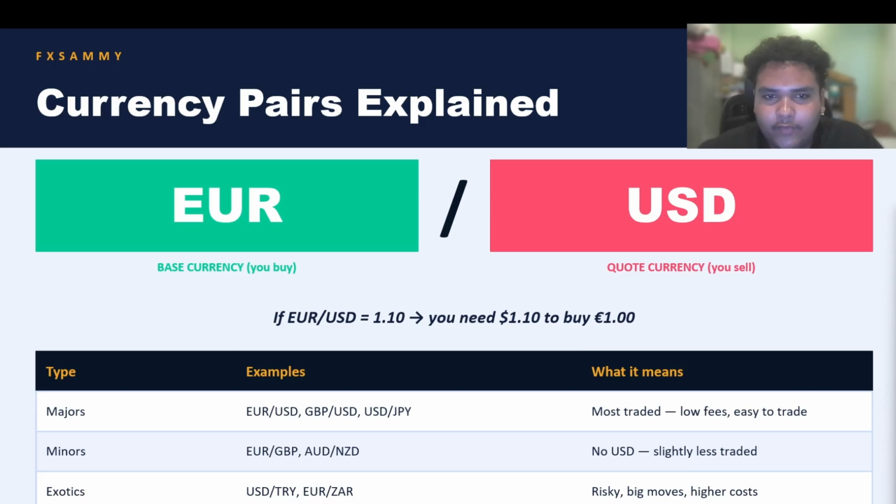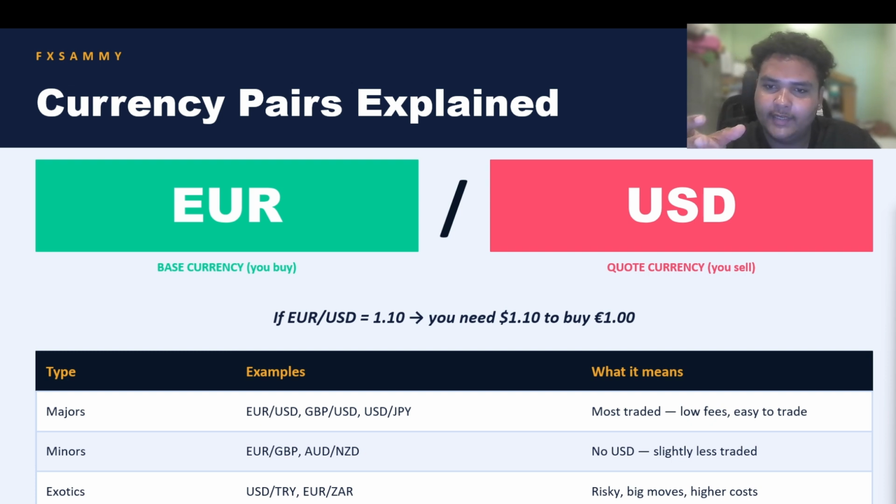For example, if EUR/USD is equal to 1.10, you need $1.10 to buy 1 euro. So we will learn the major pairs: EUR/USD, GBP/USD, GBP meaning Great Britain pound, and USD/JPY, JPY meaning Japanese yen.